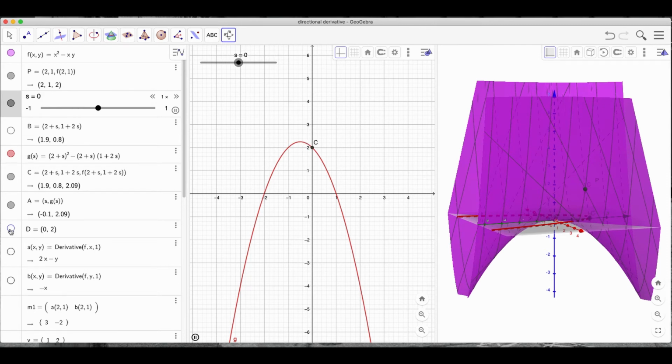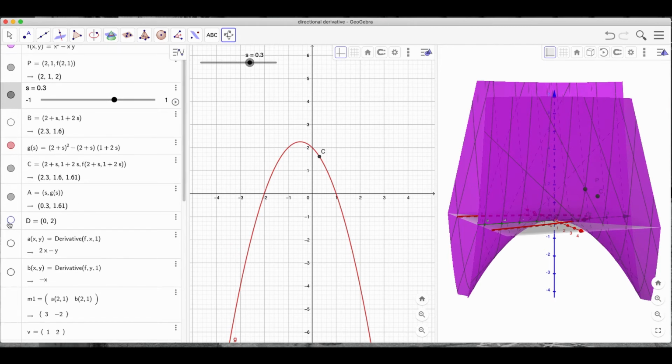So let's stop this for a second, and we'll see the directional derivative is nothing but here when s is 0, the point P at 0. And we want to study, as I say, what happens as we approach P on the graph. If we look at it as a one-dimensional function, a one-variable function, it is the parabola here.